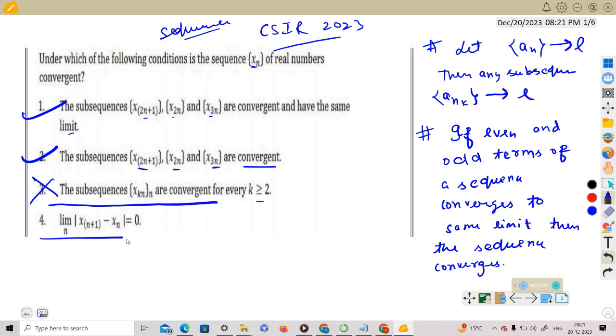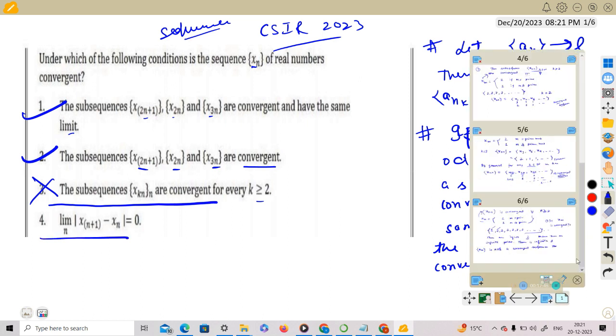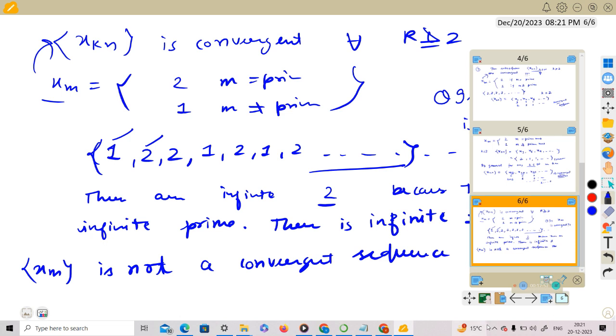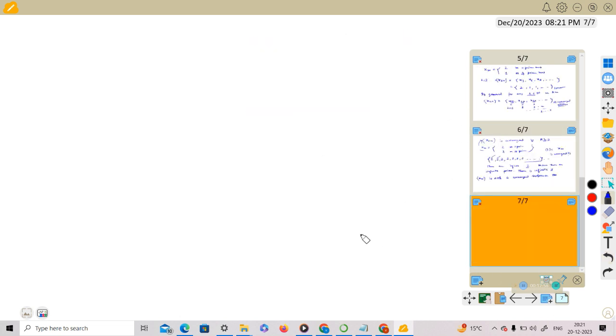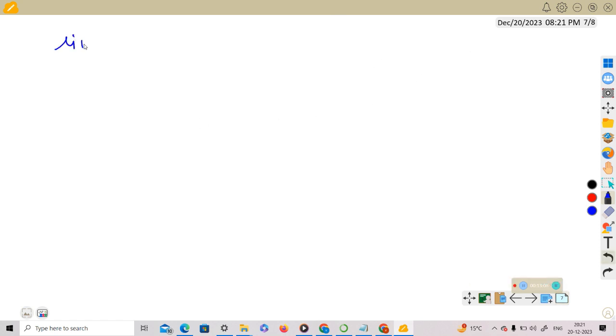Now we need to check the fourth option. The fourth option says that the limit as n tends to infinity of x_(n+1) minus x_n is equal to 0.